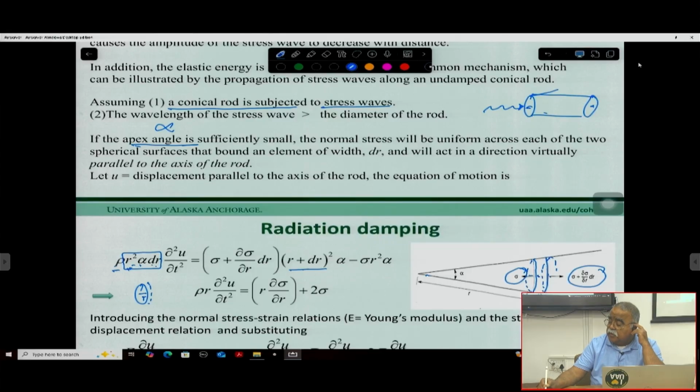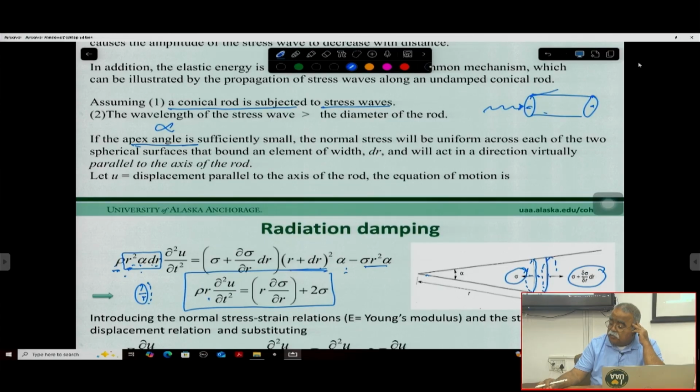So this is (r plus dr) square into alpha, and minus this is your change. So the change equals the same thing, sigma r square into alpha. Therefore, ultimately we get this equation if you do the division, keeping the rho and r outside.